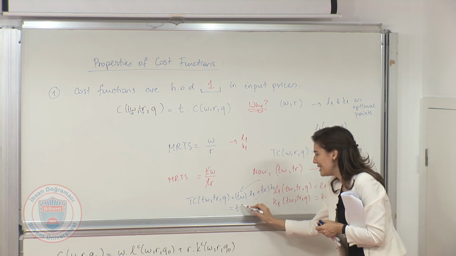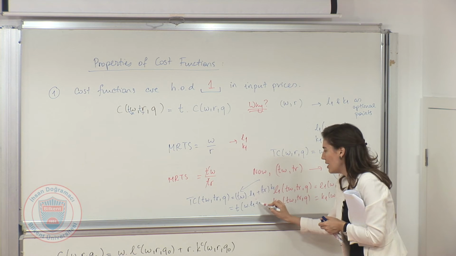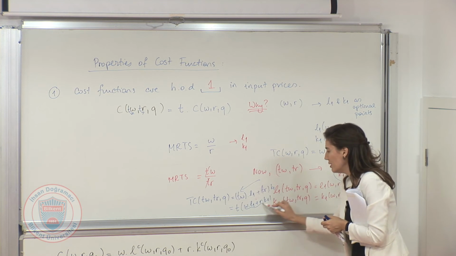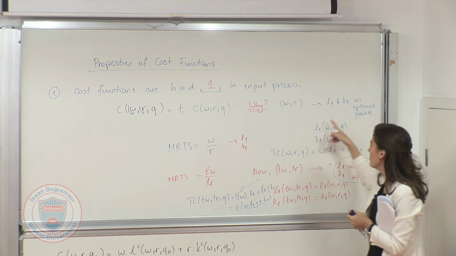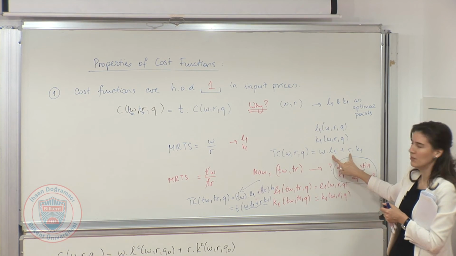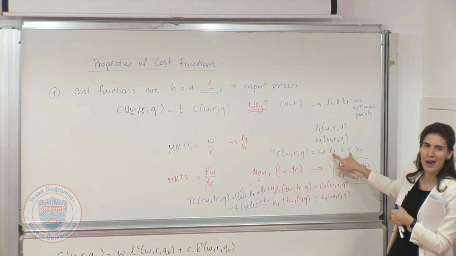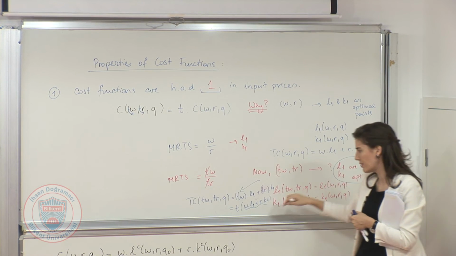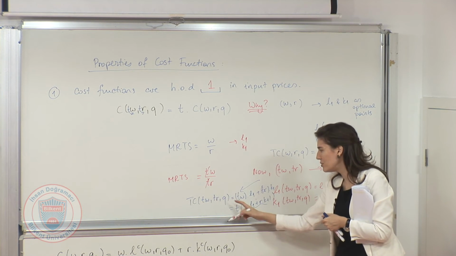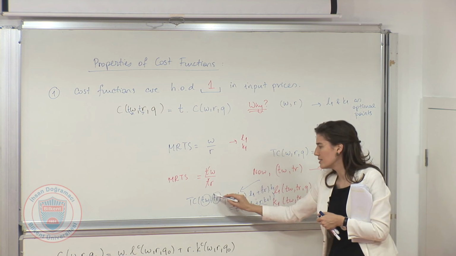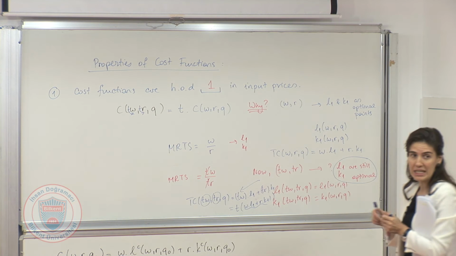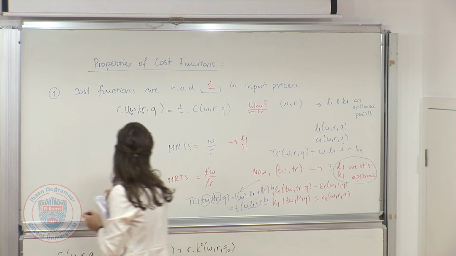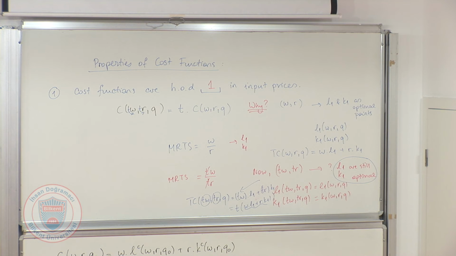And you see it's T times (wage times L1 plus R times K1), which is nothing but T times the total cost we saw before when we had wage and R as prices, okay? So when both prices are multiplied by T, the optimal cost is also multiplied by T. That's why it's homogeneous of degree 1 in input prices, okay?